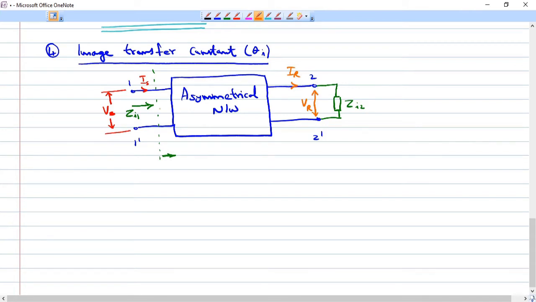It is not possible to express a ratio of the current just like we did for the iterative transfer constant, because when we look at this network from the input side, the impedance is different, Zi1.